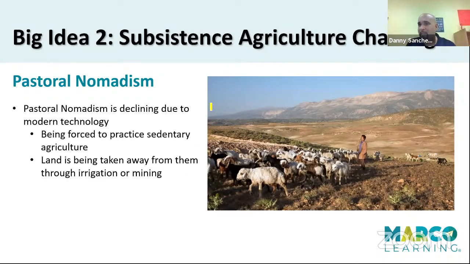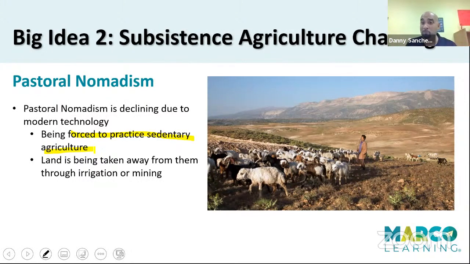Just for a couple of types of farming, I wanted to point out a couple of issues that might come into play. For pastoral nomadism, which I hope you already know, basically it's agriculture based on the herding of animals, and tends to happen in very dry climates. It's declining. There's not as many pastoral nomads as there used to be. Part of the reason is they're being forced to practice what we would consider traditional, sedentary agriculture, where they stay in one place and grow crops.